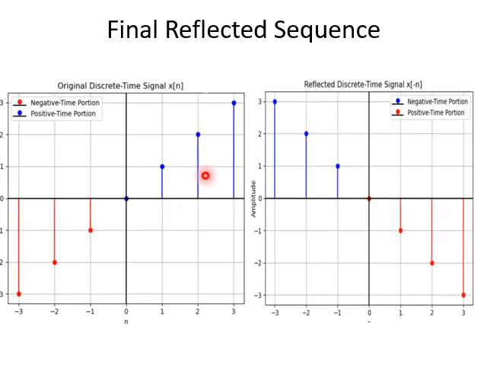As shown here, these are the positive time samples. In the reflected signal they become negative, which means they come before zero, on the negative side. It doesn't mean that you reflect the amplitudes. For example, this is originally plus 3, so its index becomes minus 3, but the value will not become minus 3. The amplitude or signal values don't change, only their position changes.